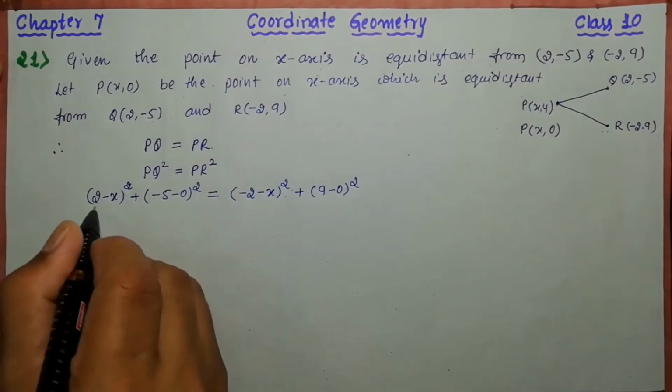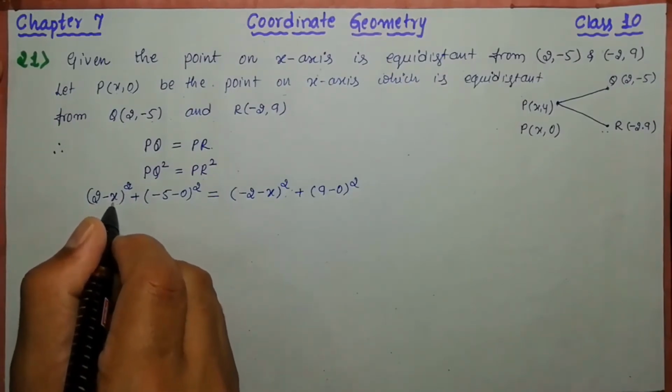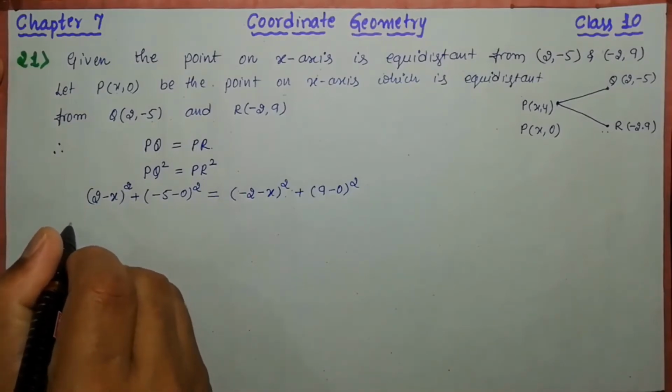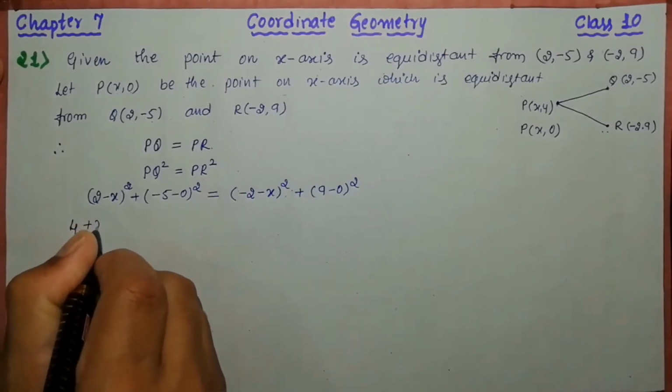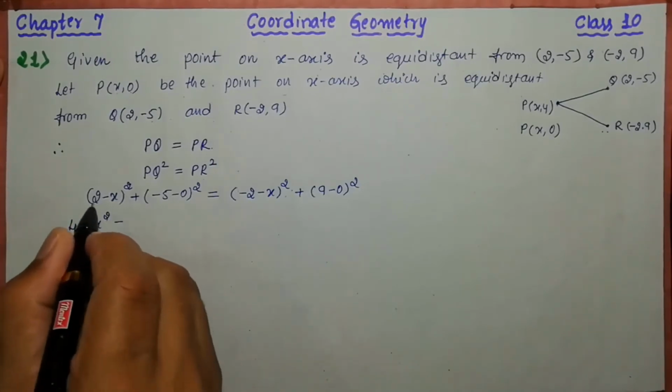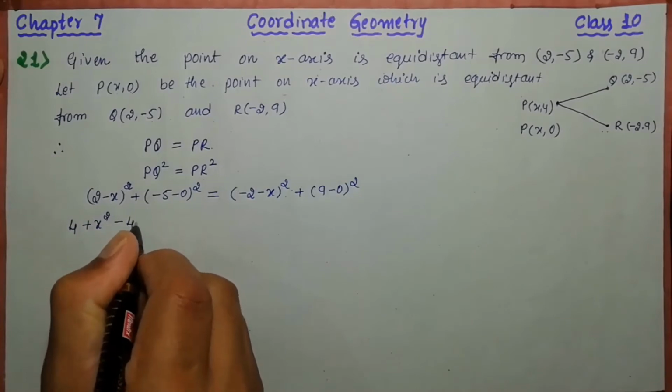Now I'm going to expand this one by using the formula (a minus b) whole square. So it will become 2 square means 4, and then x square, and then minus 2ab, 2 into x, it will become 4x.